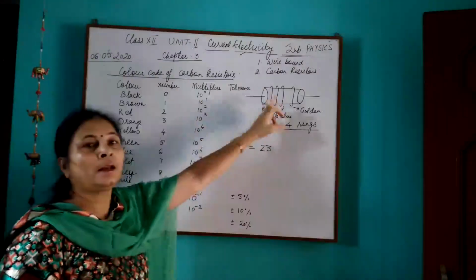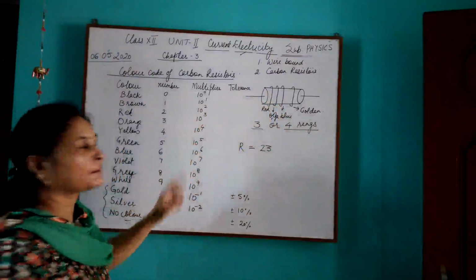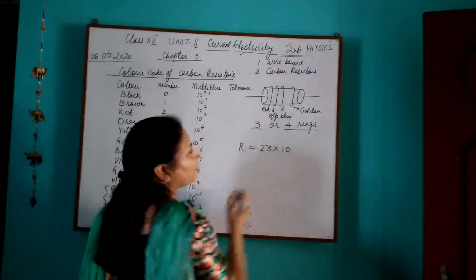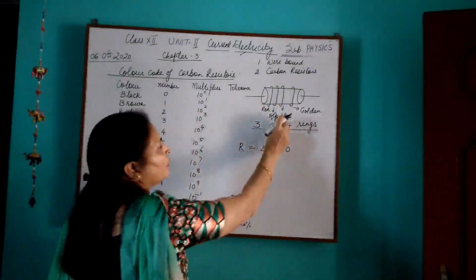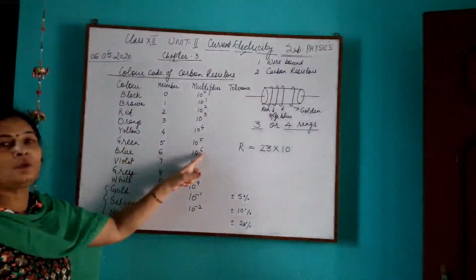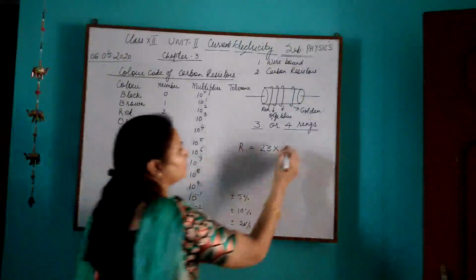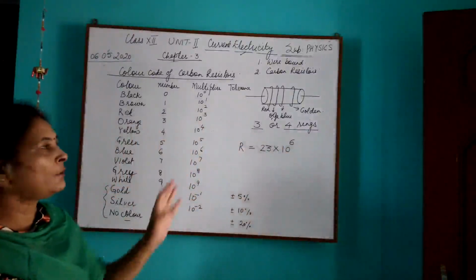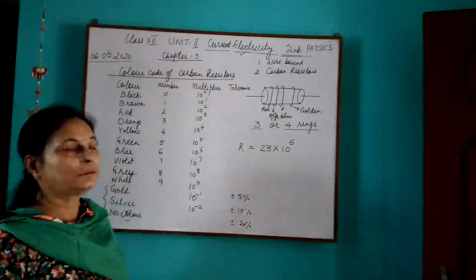Third ring will give me the multiplier. Multiplied by 10 to the power. What is the color? Blue. So we are having 10 to the power 6. Now come to the fourth ring. Golden.